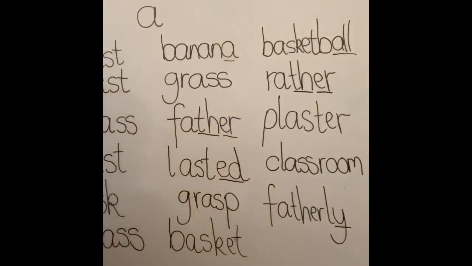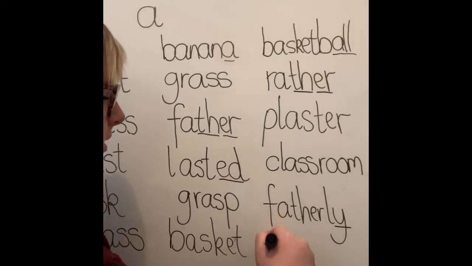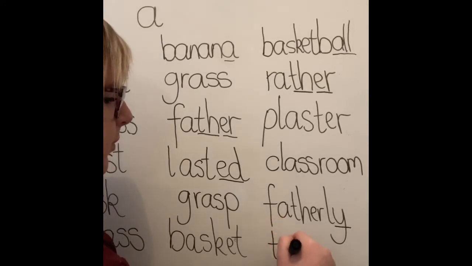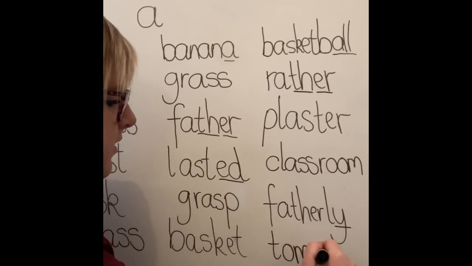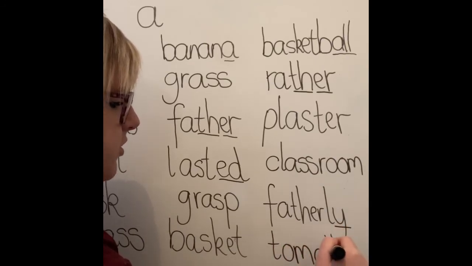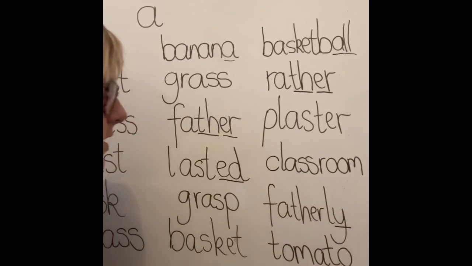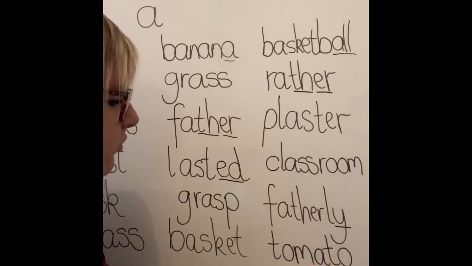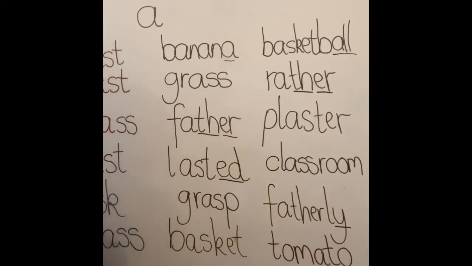Last word for this week. Now, I didn't know this until a few years ago, but I always thought this was a vegetable, but it is actually a fruit because it has seeds. Tomato. T-o-m-a-t-o. It's a tricky word because these O's both make a different sound.